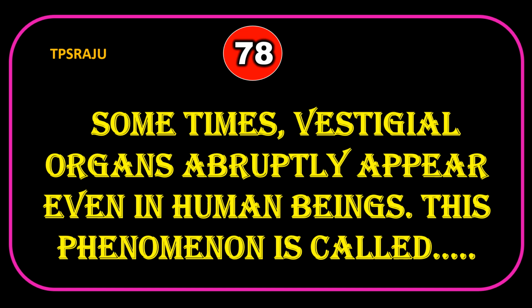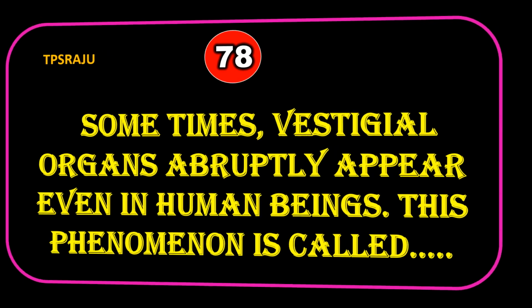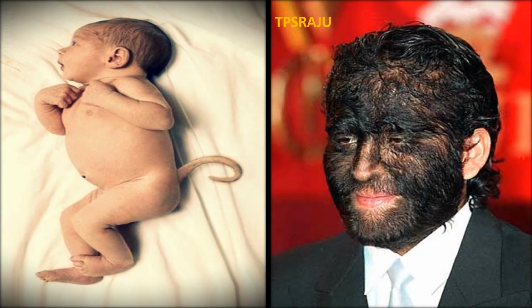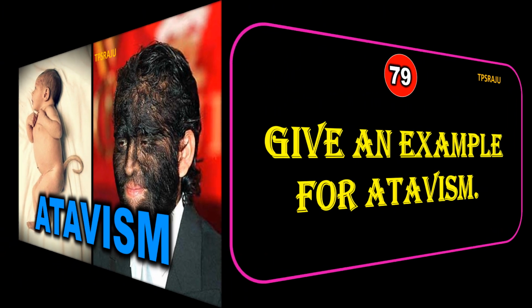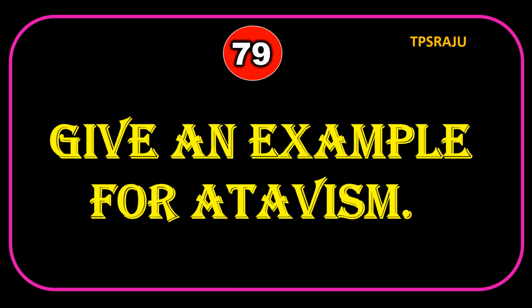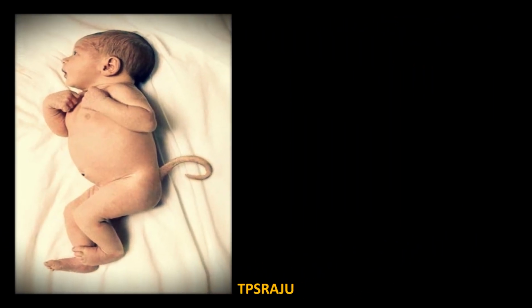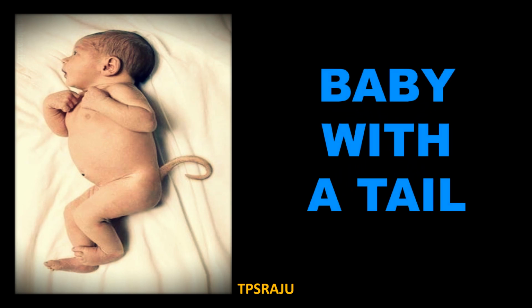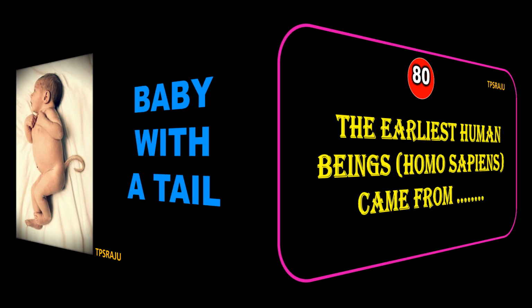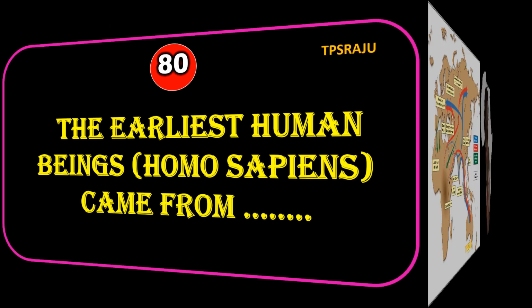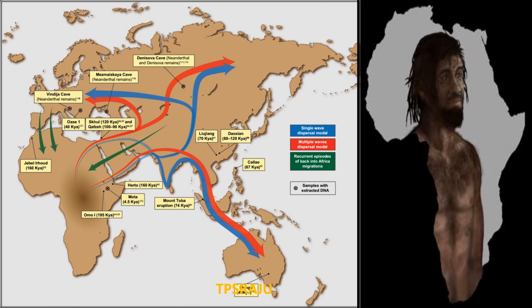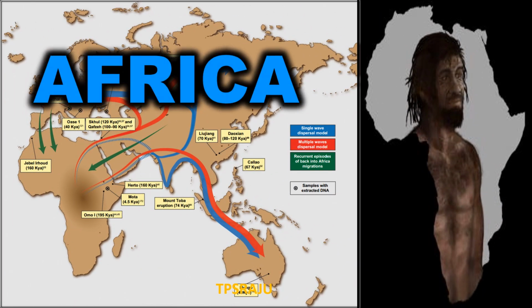This phenomenon is called atavism. Give an example for atavism. Baby with a tail. The earliest human beings came from Africa.